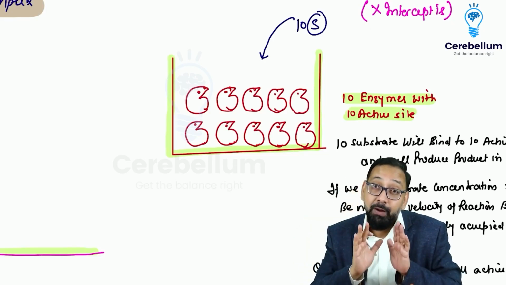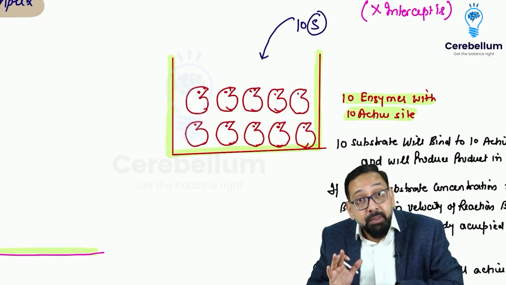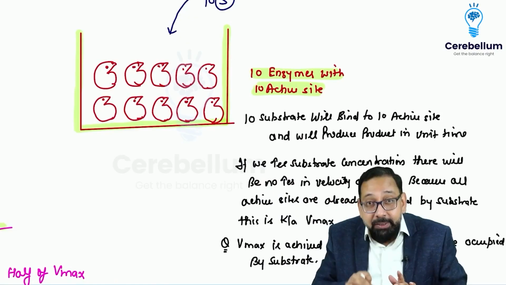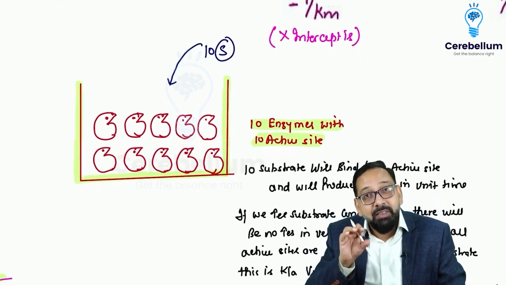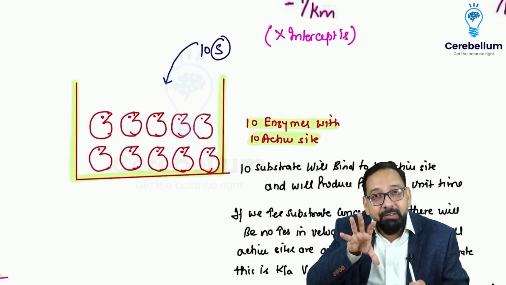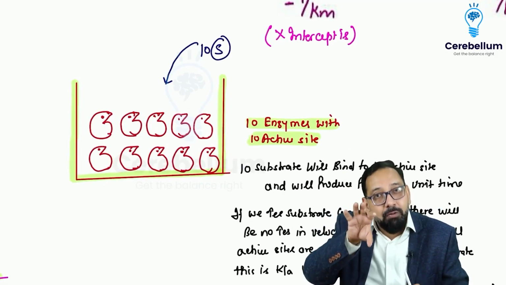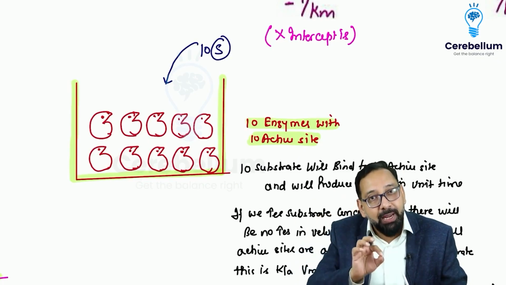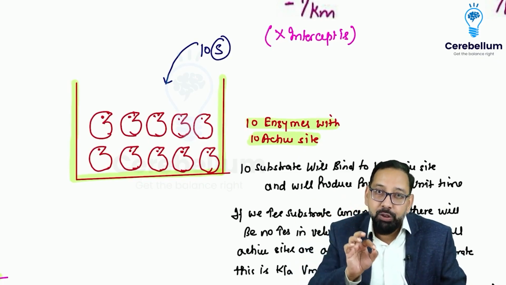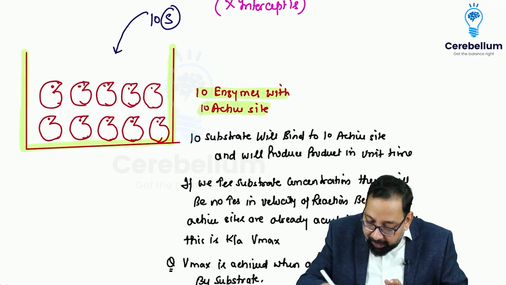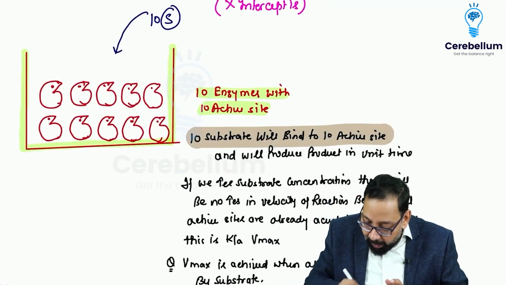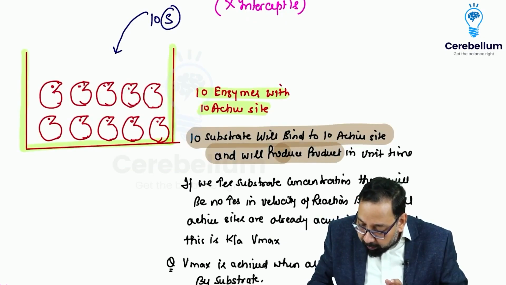You will say this is the velocity of reaction. So 10 substrates will bind to 10 active sites and will produce product in unit time.